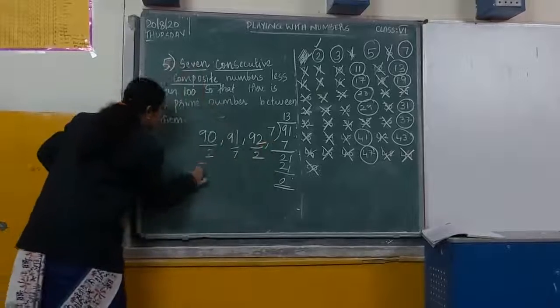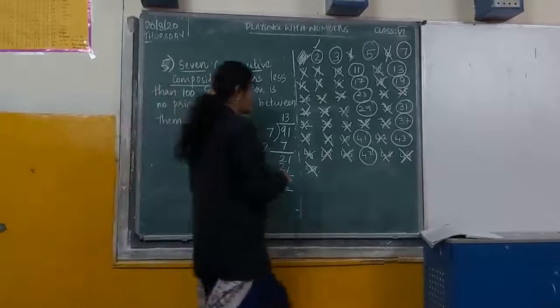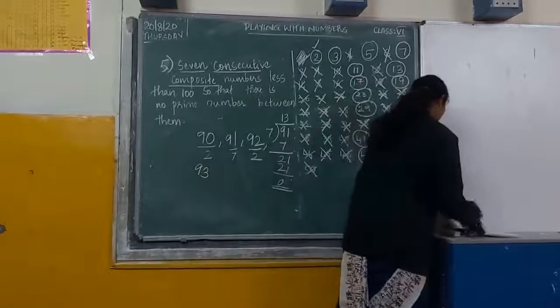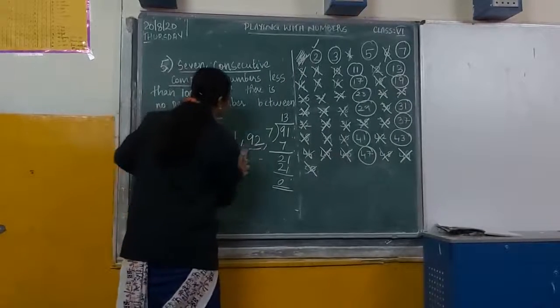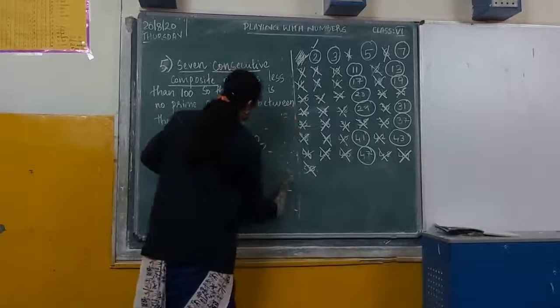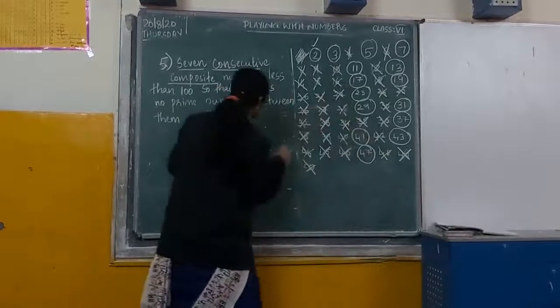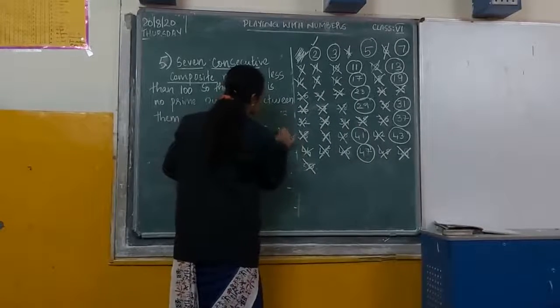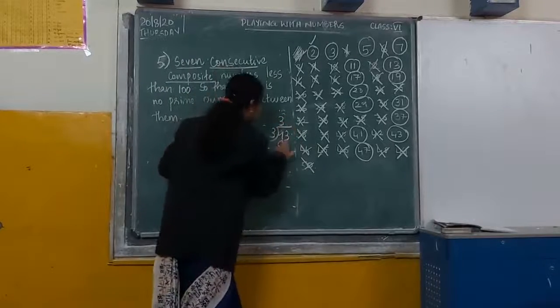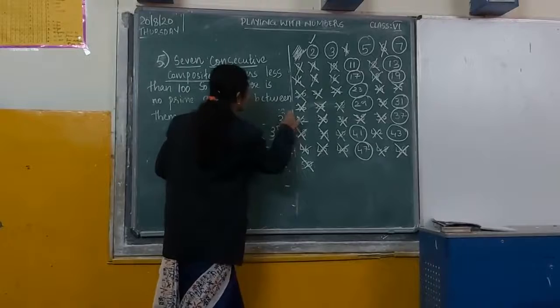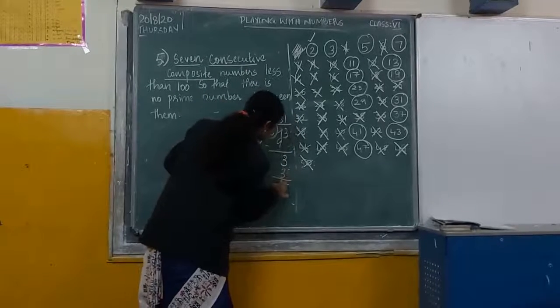What about 93? It is divisible by 3. If you have any doubt, you can check it. 93 when you divide by 3, what will you get? 3 threes are 9. Then 3 ones are 3.